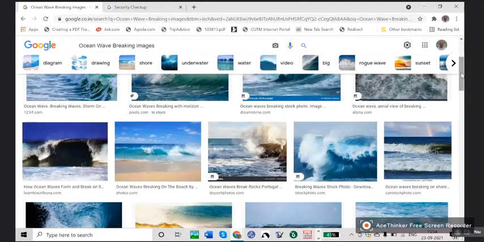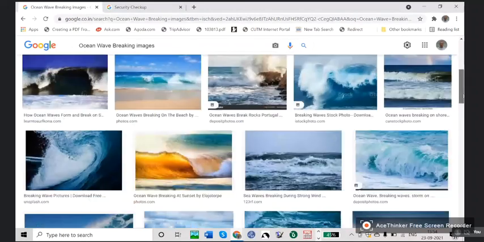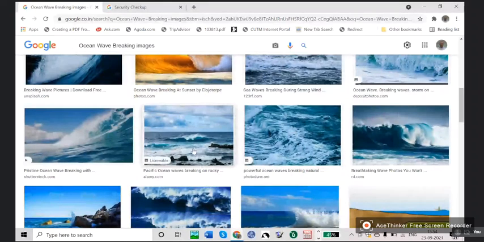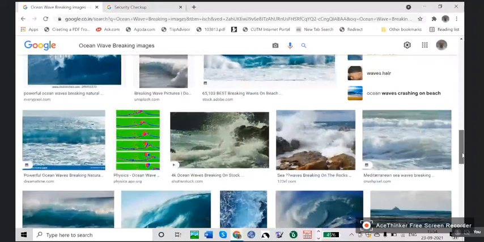The surf. This is called the so-called surf zone. See, this is all surf zone. This extends to several meters from the shoreline. This is the shoreline, and towards the shore, the zone in which the waves will break will vary.